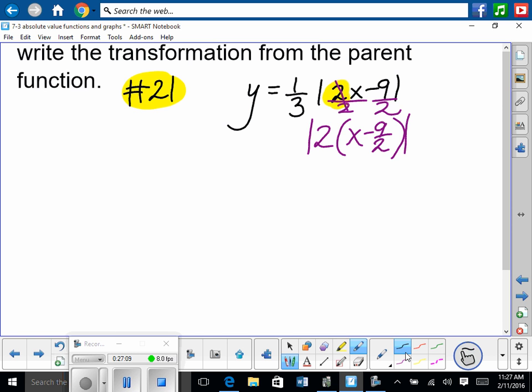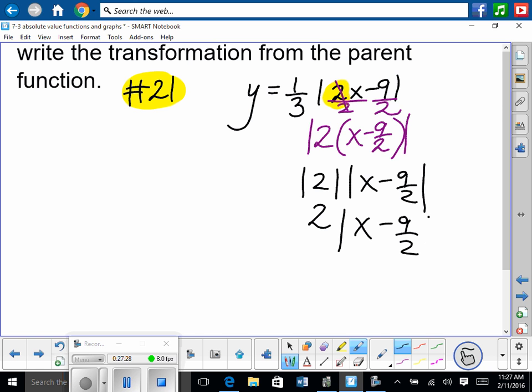So now because they're multiplication, I can split them apart. Once again, I'm ignoring the 1/3 for a second. So I have the absolute value of 2 times the absolute value of x minus 9/2. Is everybody comfortable? What is the absolute value of 2? 2. So we have 2 times the absolute value of x minus 9/2. Now here's the catch.